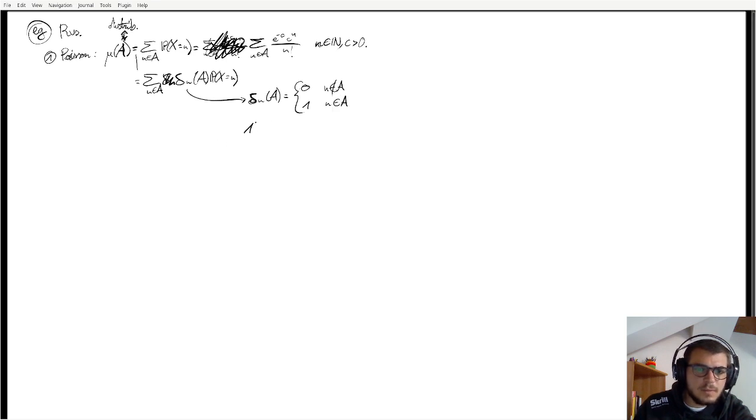And the analogy with the indicator function, let's try to understand this. Let's make this in this way. This is 0 when x does not belong to H, and 1 when x belongs to H. So here we act in this way and here we act in this way.